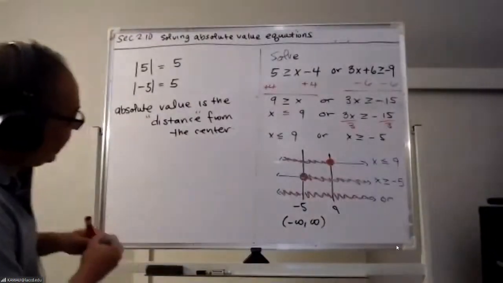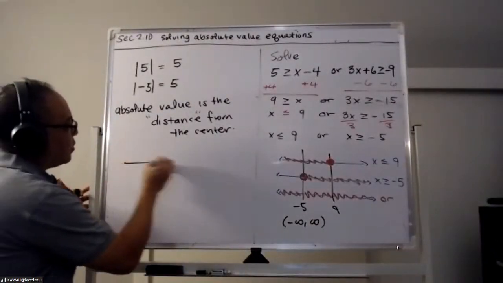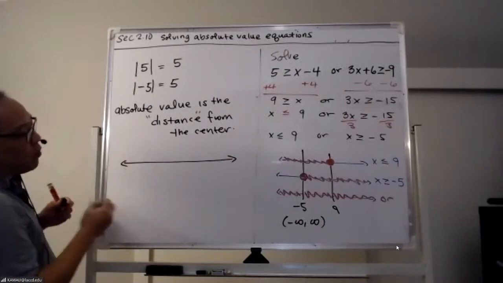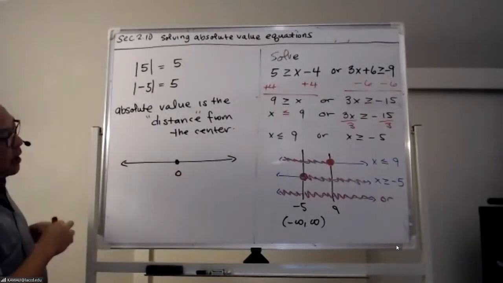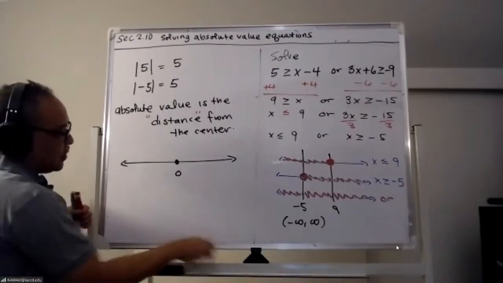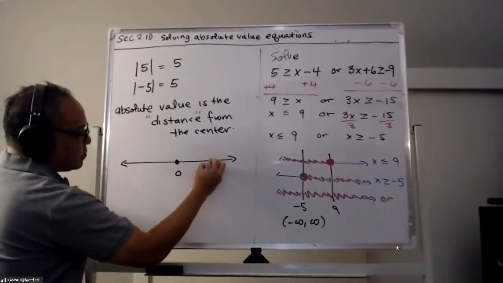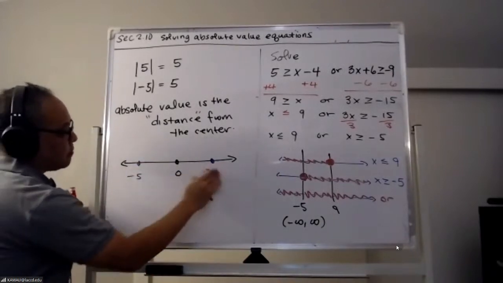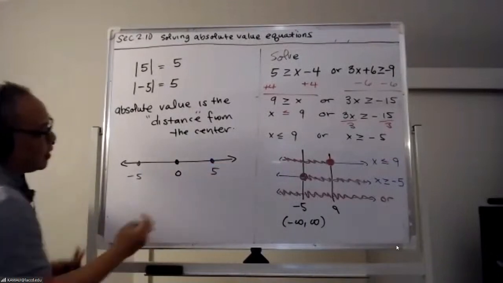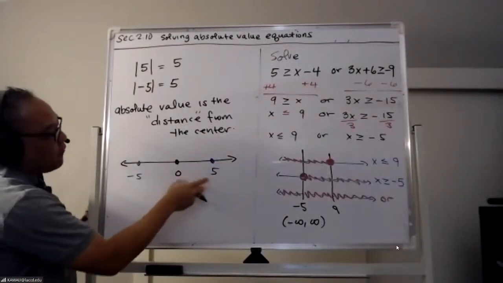So when we talk about absolute value, the center of our world on a number line is 0. And whether I'm on this side of the number line or this side of the number line, if I asked you, how far is this from here?